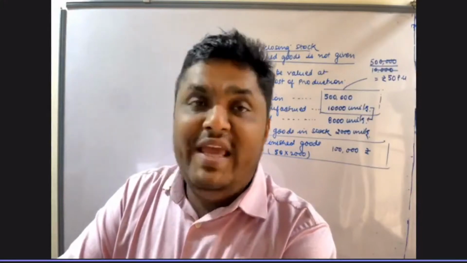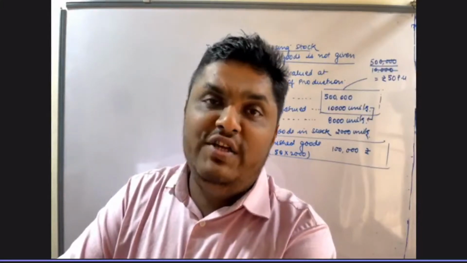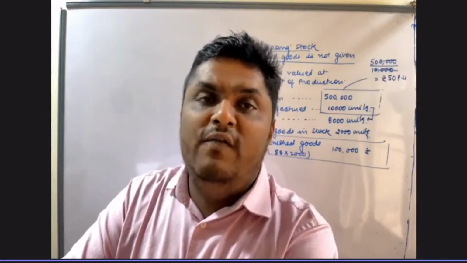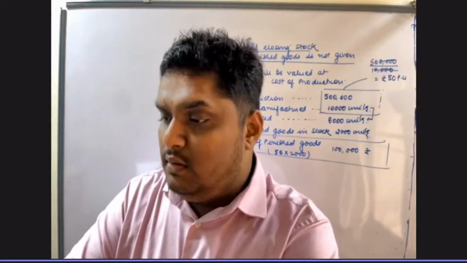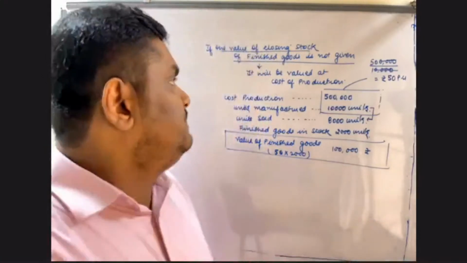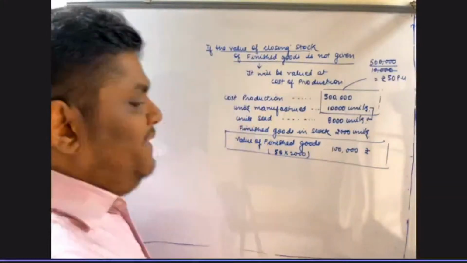We can say that the salary paid to production control manager can be an example of administration overhead related to production. So I request you guys to please copy this part.